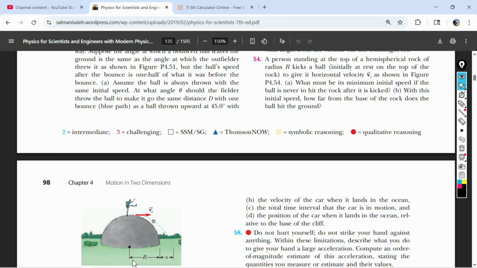If you're using your intuition for reading problems, and it asks, after you figure out what velocity the soccer ball needs so it doesn't hit the rock, how far away from the rock is it, that means the soccer ball is going to take that path.